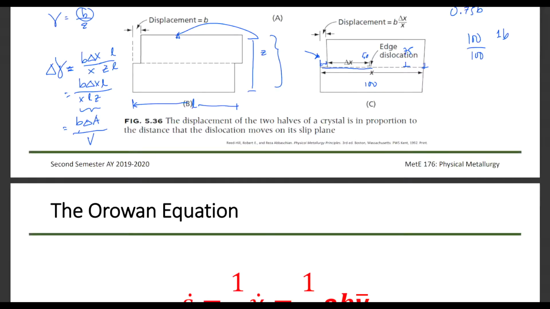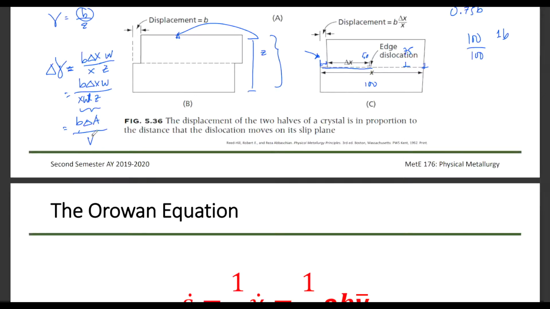I'm sorry, L is not placed right here. L is a poor term that I used. I should have used width, which is easier to imagine. Let's use W. So X times W times Z is still the volume.